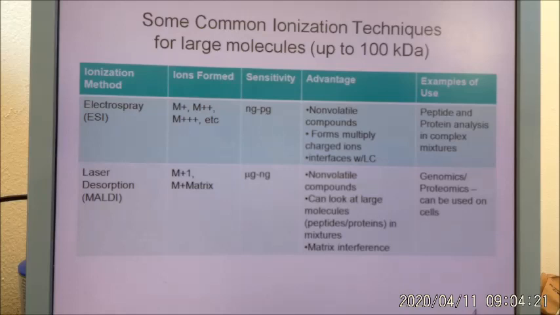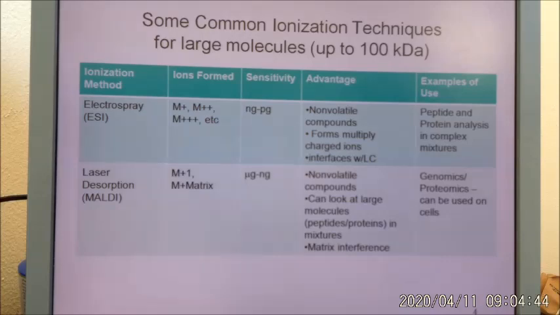Also, it interfaces with liquid chromatography extremely well. So if I'm doing peptide and protein work, I could run it through an HPLC, and then the output would go to electrospray and then to the mass spectrometer to analyze it. So we can look at peptides and proteins and complex mixtures.